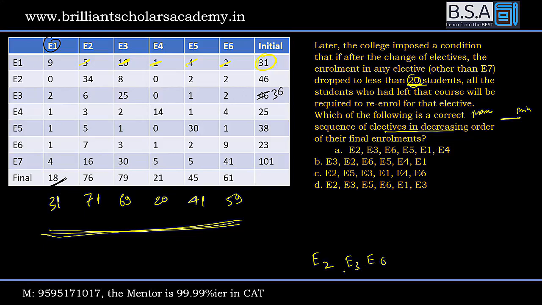So which option says E2, E3, E6? Here it is. Is it here? No. Is it here? No. Is it here? No. So we have our answer. Others you can arrange later. Next is E5. Next is E1 and next is E4. Absolutely. The descending order, decreasing order is answer option A.